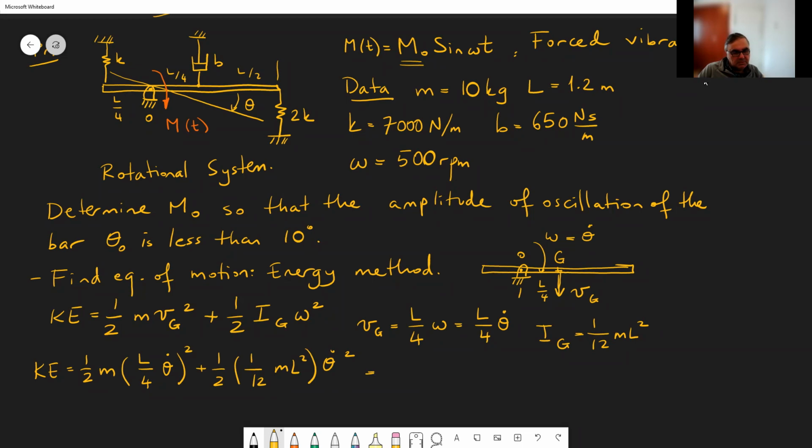So m is common, and 1 over 2 m theta dot squared is common in all terms, times L squared over 16 plus L squared over 12.